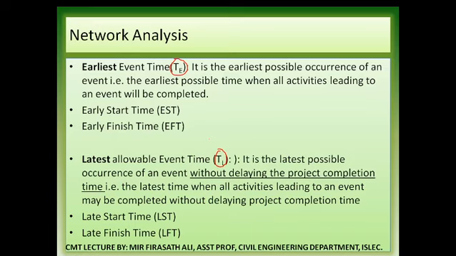It is the earliest possible occurrence of an event, that is the earliest possible time when all activities leading to an event will be completed. It means it is the earliest possible occurrence of an event. So it is of two types, earliest start time and earliest finish time.